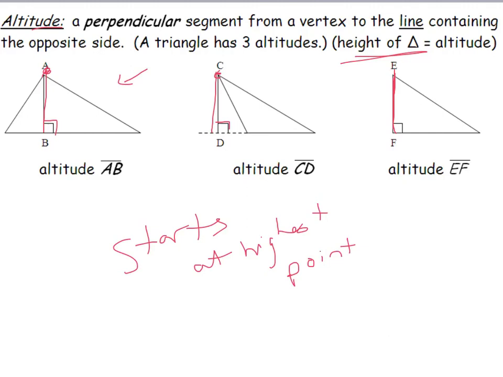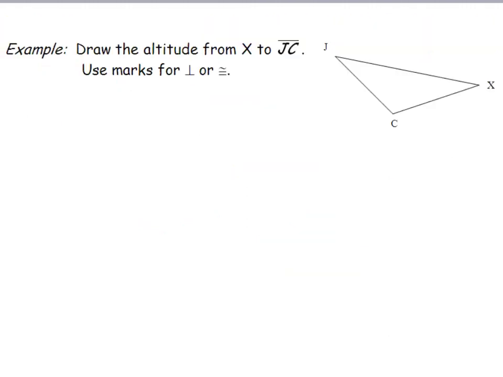So you want to start at the highest point to go perpendicular to the opposite side. So an example might be, I ask you to draw an altitude from X over to JC and then use my marks. Well, they tell you they want you to start at X and go over to JC, right? So if you need to, turn this a little bit to the side.